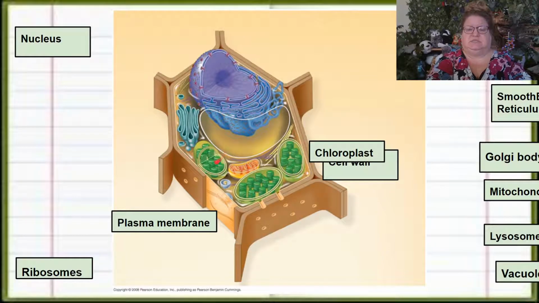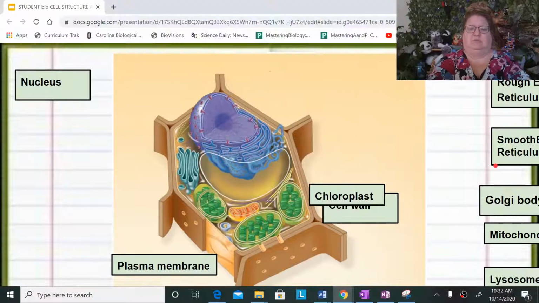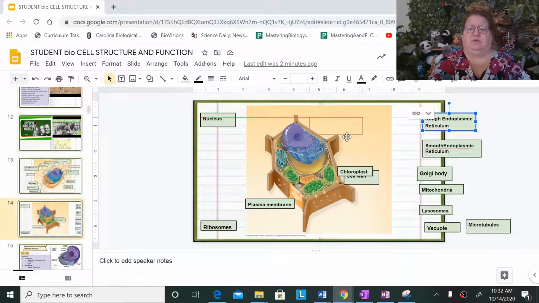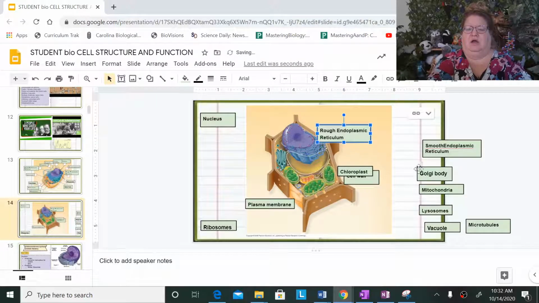So see if you can recognize some of these other organelles, and then you can put them in their place. Some of these we can do together. And so before I leave you, we can do some of them in my video. So here you have the Golgi body. Here you'd have the nucleus.